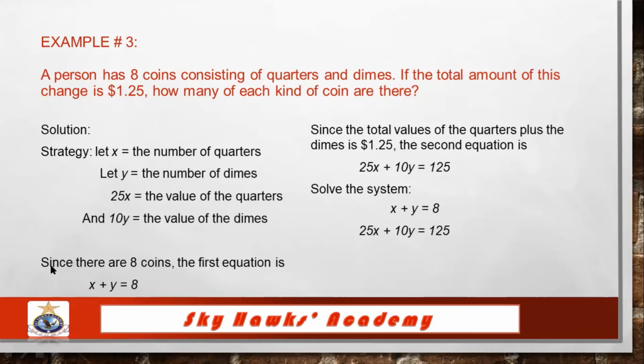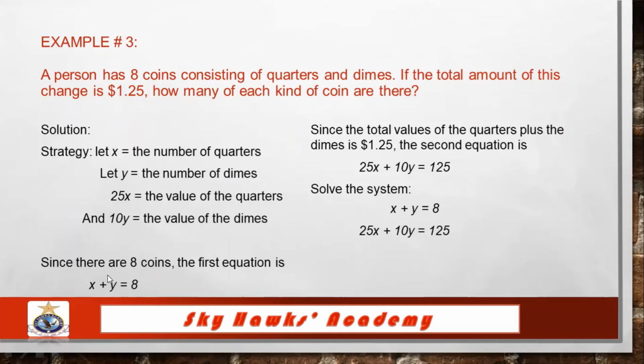Since there are 8 coins, the first equation is x plus y is 8. x is the number of quarters, and y is the number of dimes. If you put them together, that must be 8.